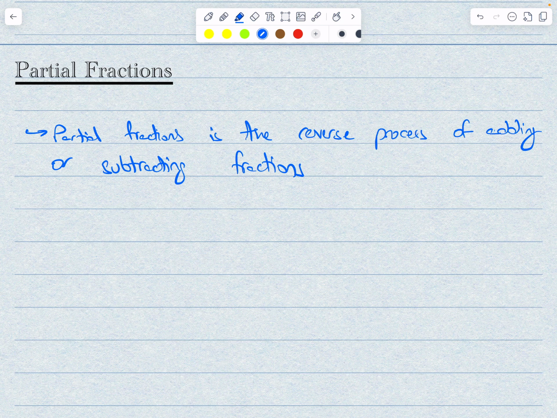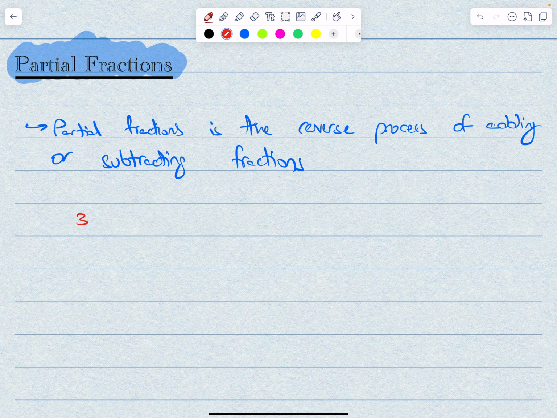First of all, let's establish the fact that partial fractions is the reverse process of adding or subtracting fractions. Let's say, for example, I have 3 over 4. Now I need to find the fractions which will give me 3 over 4.